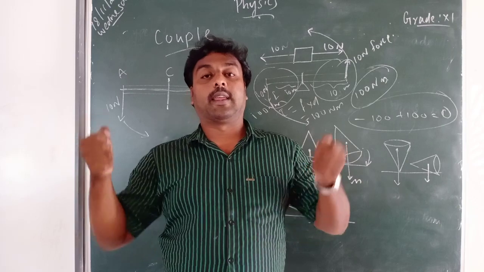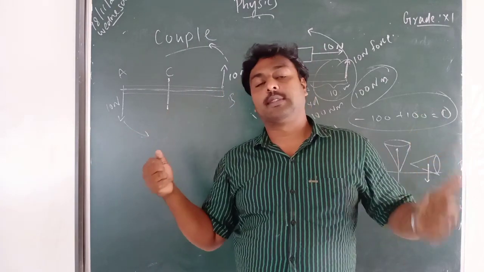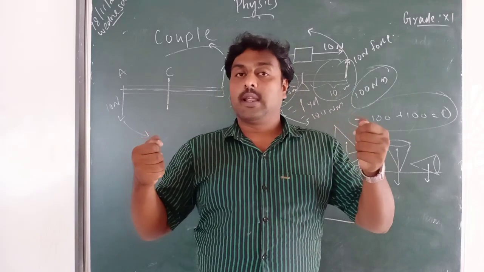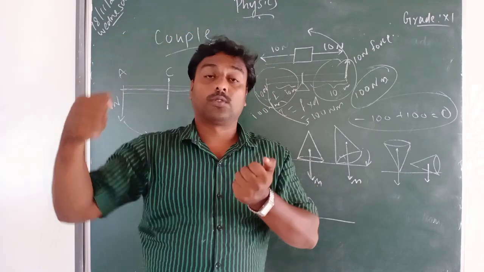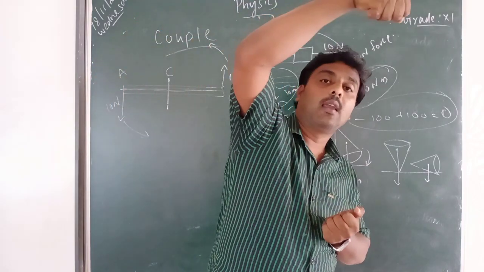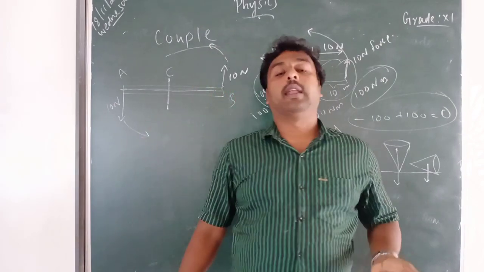Steering is the best example: car steering or any vehicle steering. On one side we apply force in this direction and on the other side in that direction. So our right hand gives an anti-clockwise direction, and the left hand also anti-clockwise.